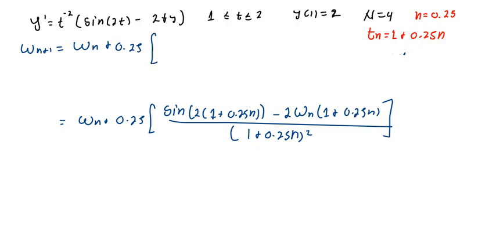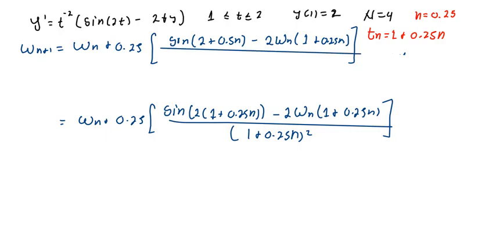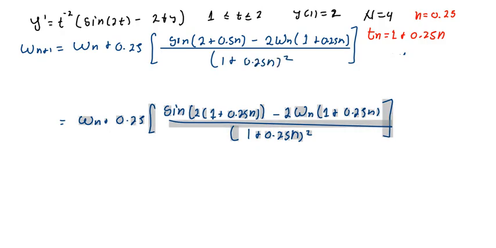Then in the brackets I have sine, which I can expand: 2 plus 2 multiplied by 0.25 is 0.5n, that is the angle for sine, minus 2 w sub n times the bracket 1 plus 0.25n, over 1 plus 0.25n squared. Basically that's what we need.